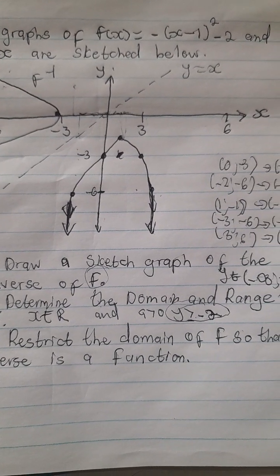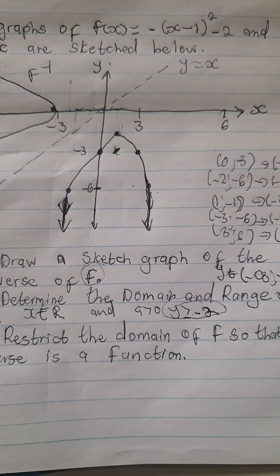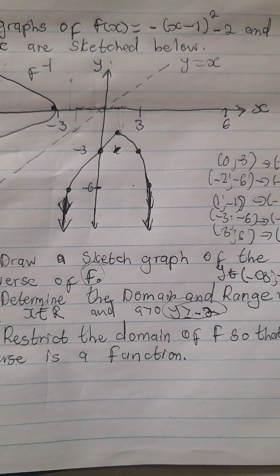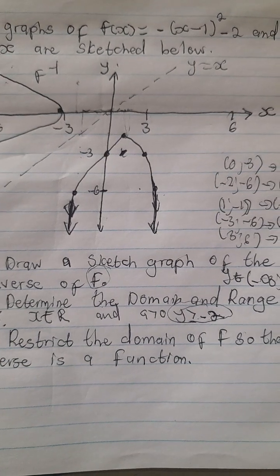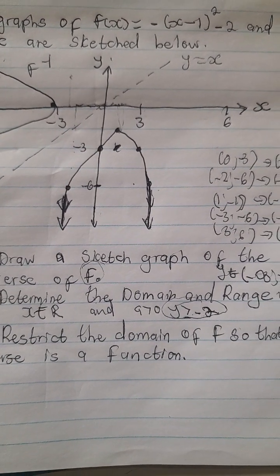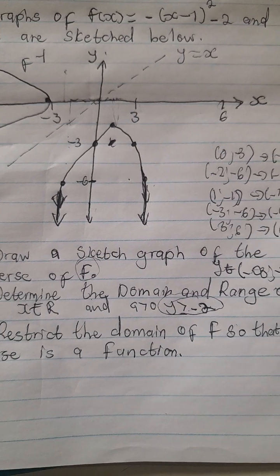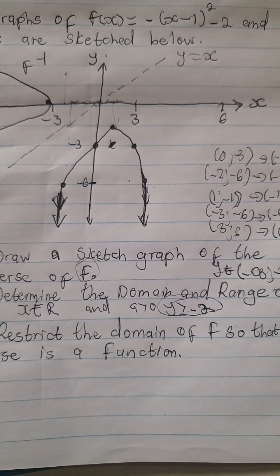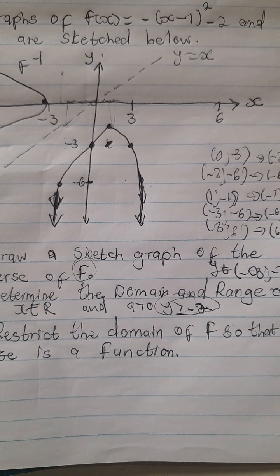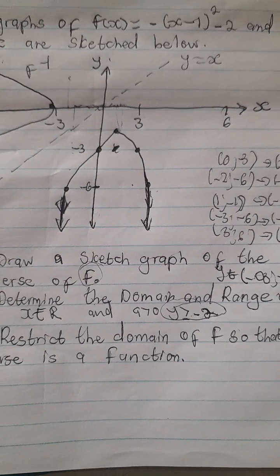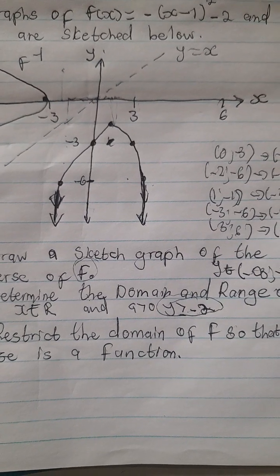In order for the inverse to be a function, remember the domain of the original function has to be restricted so that one arm of the parabola is cut off. In order to do this with a parabola, you have to restrict the domain from the turning point.